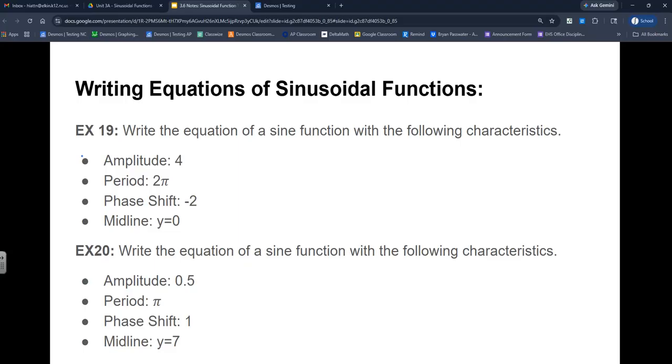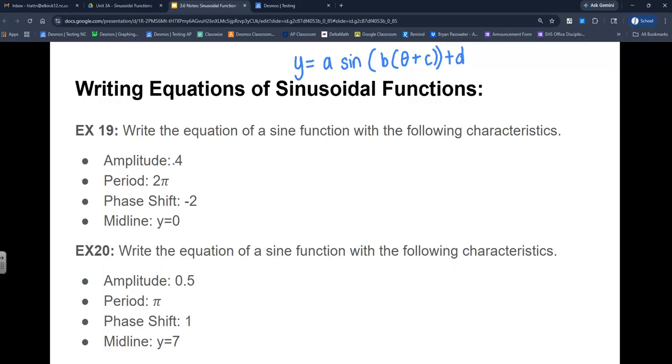Okay. Sometimes we're also going to have to write functions for this. So we're keeping in mind here that we've got that formula, y equals a sine of b times theta plus c plus d. Right?